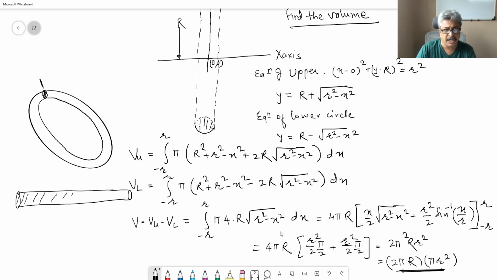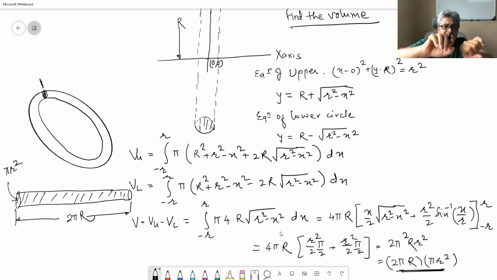That is what is coming here. Area of this circle is pi r square and this total length is 2 pi R. So volume of this cylinder once made straight is exactly same as volume of revolution, 2 pi square R r square, one and the same. Have you understood what I am trying to say here? A tire tube is cut at one place and made straight.